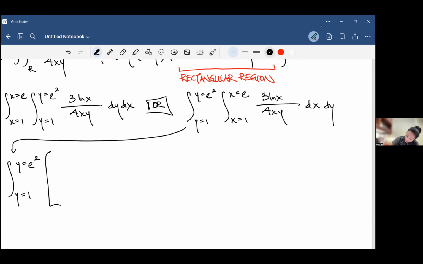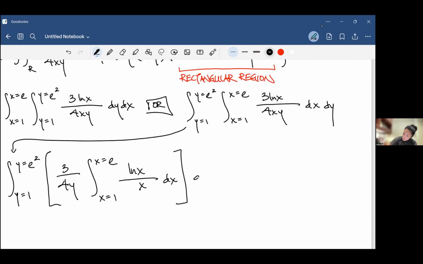Okay, so it's going to look like 3 over 4y. And now I have my integral of x equals 1 to x equals e of what's left. Natural log x over x dx.